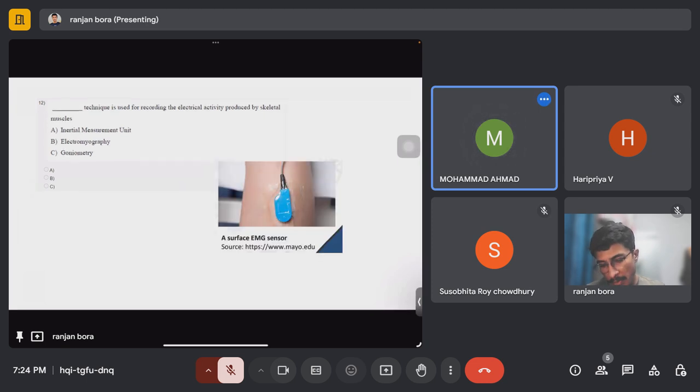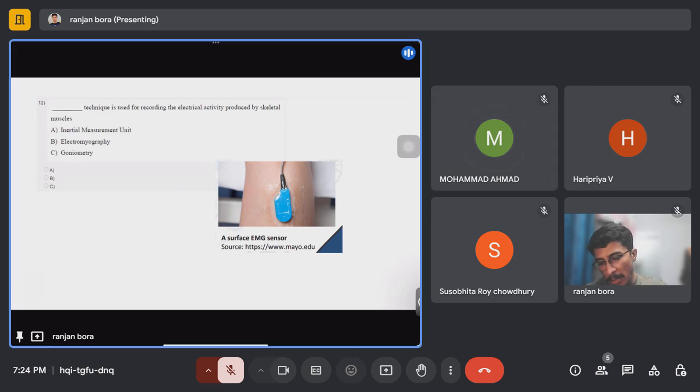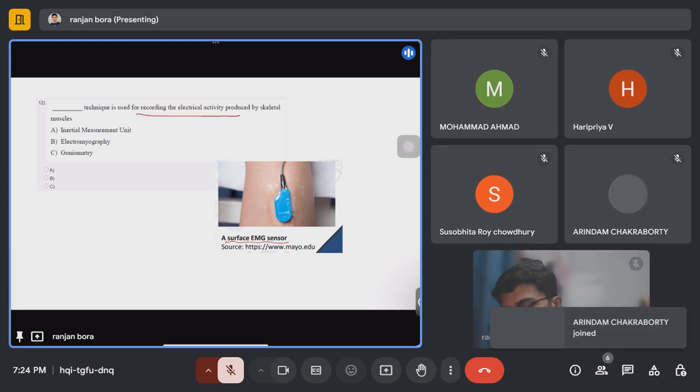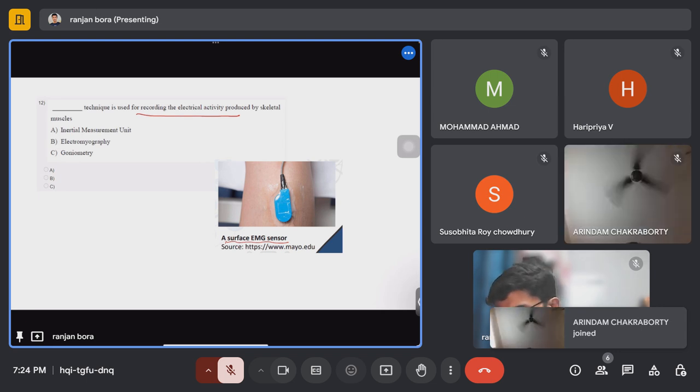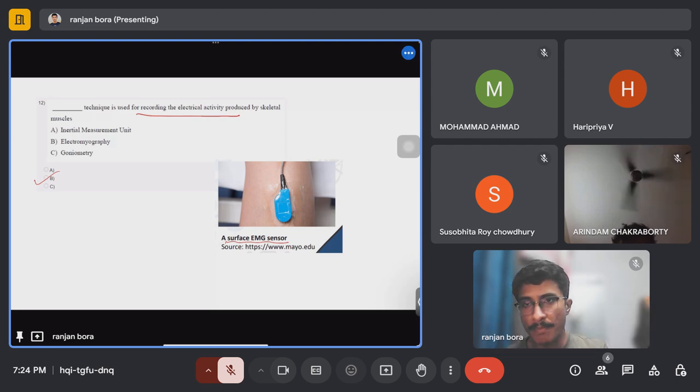So in electromyography, what we do is place an EMG sensor on the surface of our skin, and it measures the electrical signals that are transmitted by our muscles. So it records the electrical activity. So option B is correct. Electromyography.